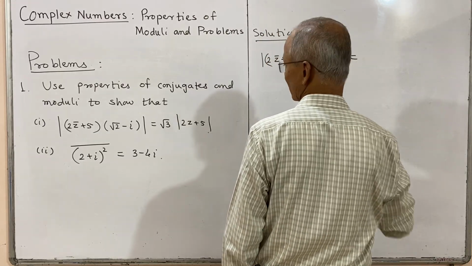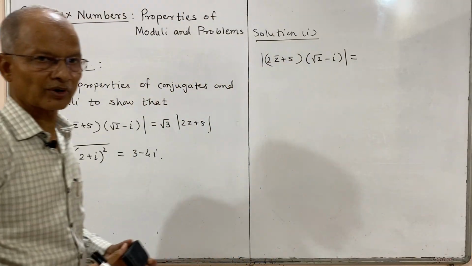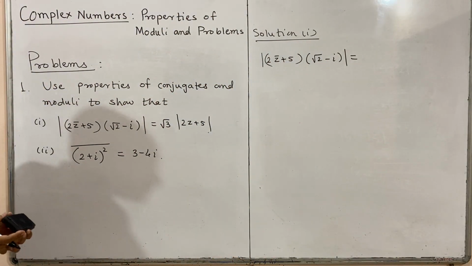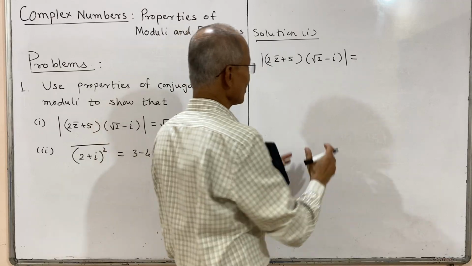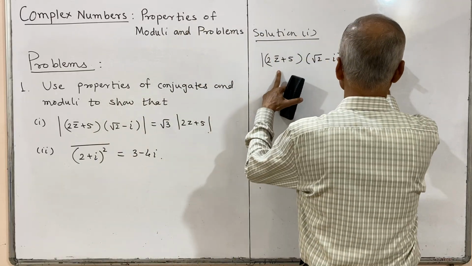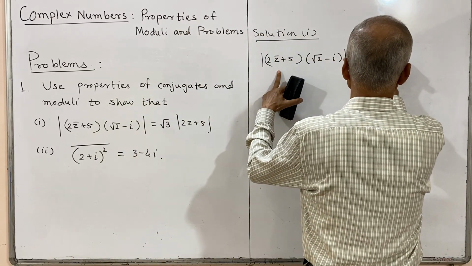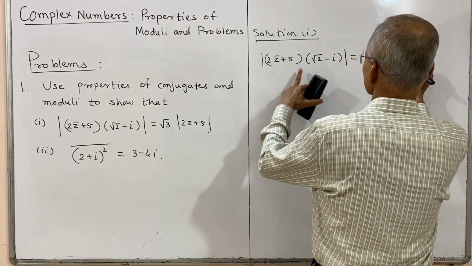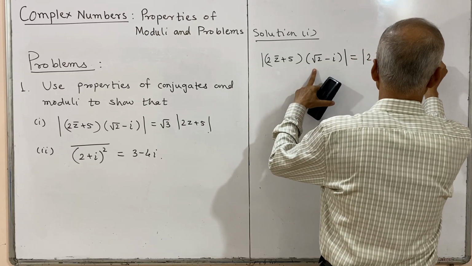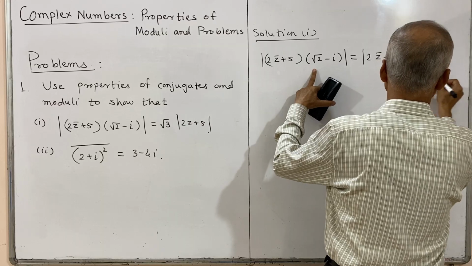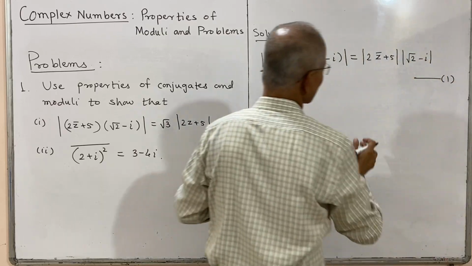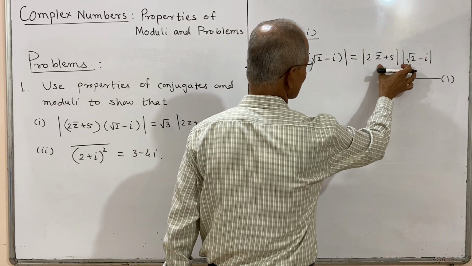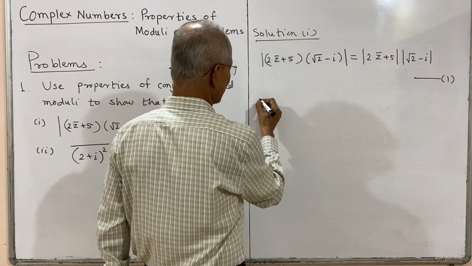This we can write like this, using the property of modulus. Mod of z1 into z2 is mod z1 into mod z2, and this is to be written as mod of 2z bar plus 5 into mod of root 2 minus i, and I shall suppose this as 1. Now again we shall simplify this separately.